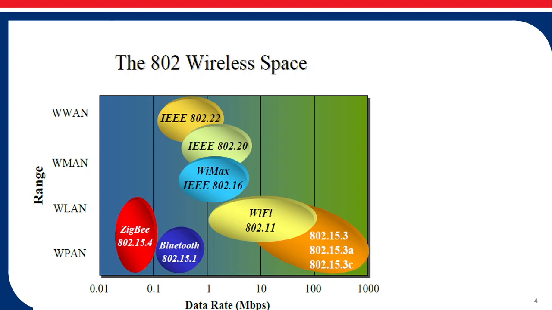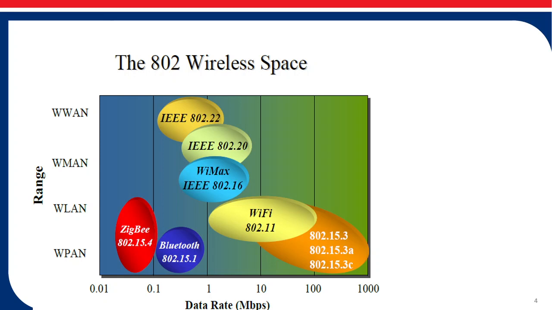Task group 2 has delivered 802.15.2 as a recommended practice for coexistence of wireless personal area networks. Task group 3 of 802 developed the 802.15.3 standard in 2003, which was intended for high rate wireless personal area networks with application areas such as multimedia and digital imaging.